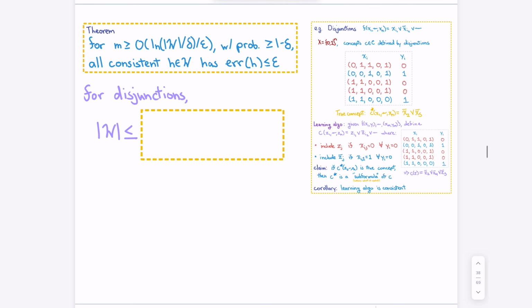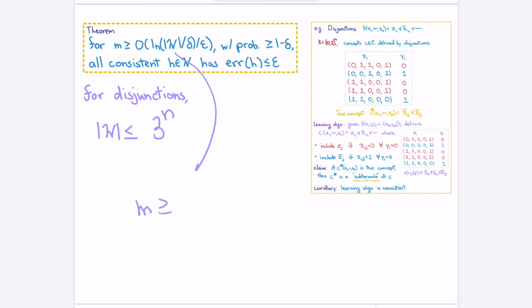So at most 3 to the n. So this says that once m is at least roughly n log 1 over delta over epsilon, so something proportional to the number of features, the number of variables, you can start feeling good about any consistent disjunction.